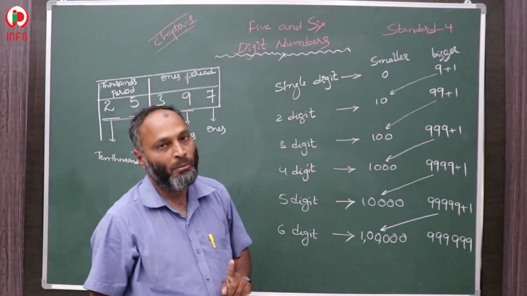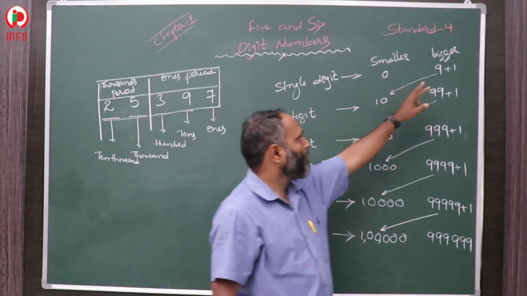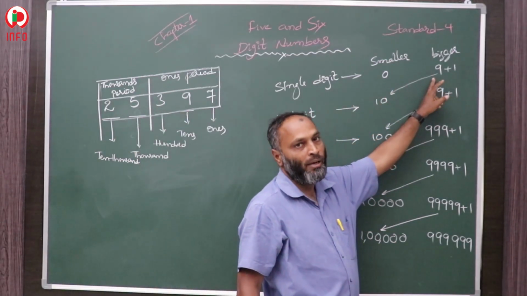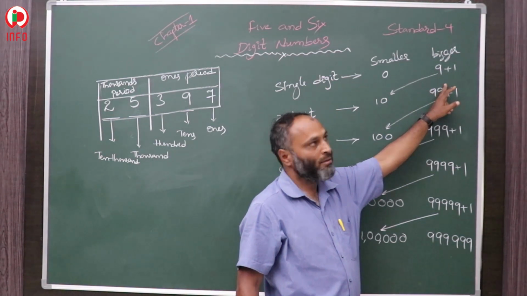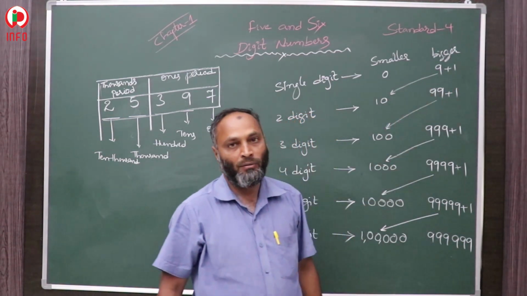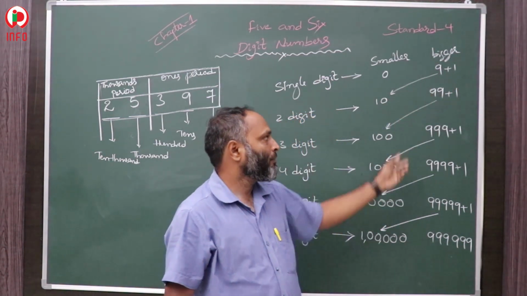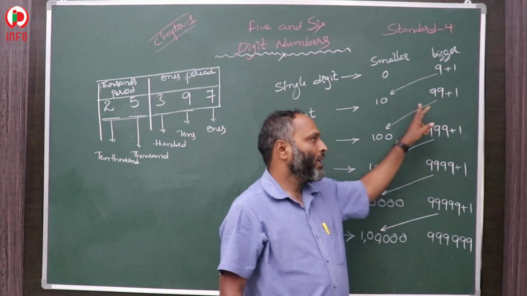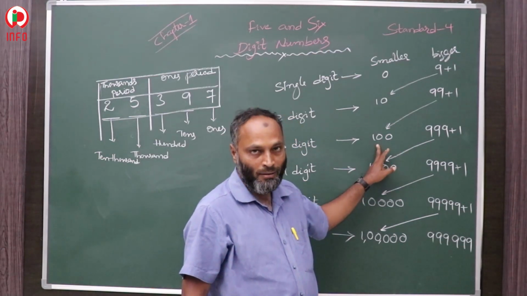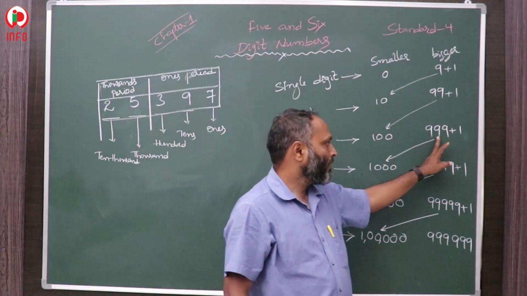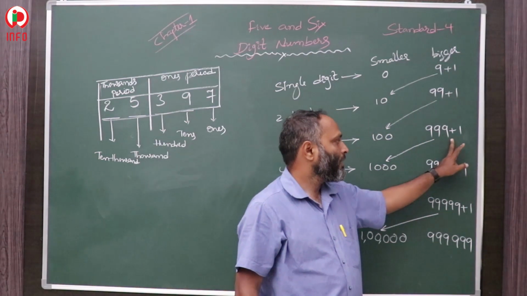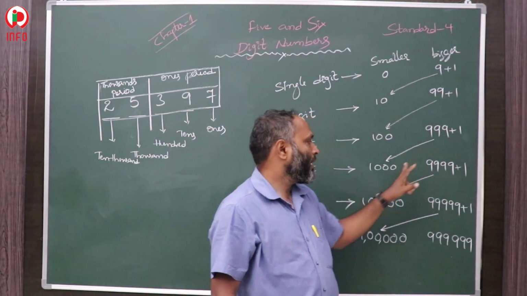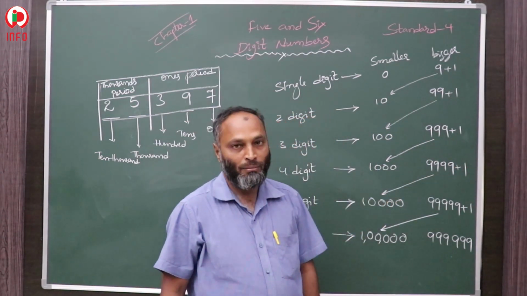Here one thing you have to remember: if we add 1 to the bigger number of single digit, then we get the smaller number of double digit. In the same way, if we add 1 to the bigger number of double digit, we get the smaller number of three digit. Bigger number of three digit plus 1 gives the smaller number of 4 digit.